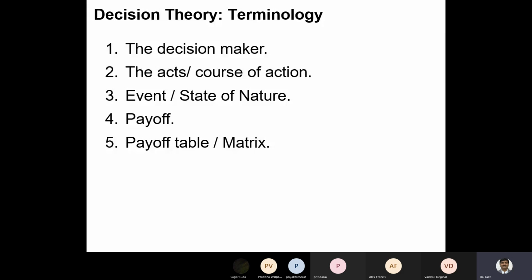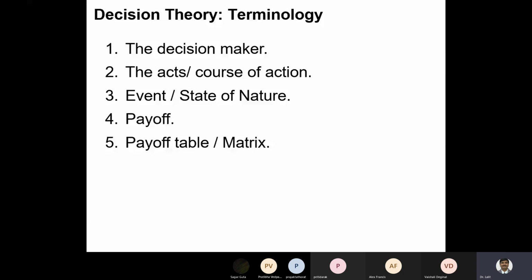Further, the outcomes for any combination of action and event may be different. For example, if a farmer has decided to go for a wheat crop, and if there is a low rainfall, then the yield of that particular decision may be very less.